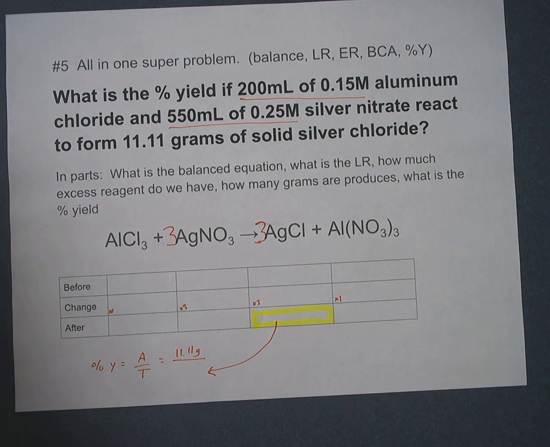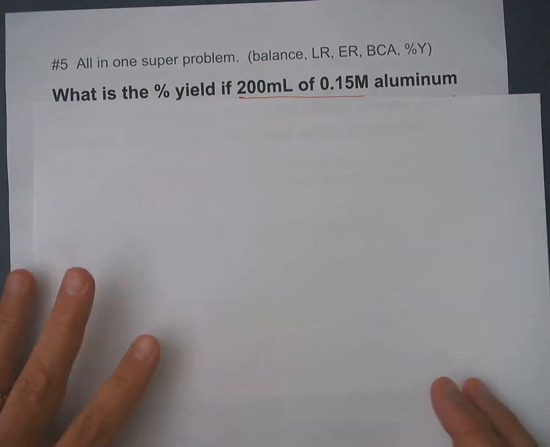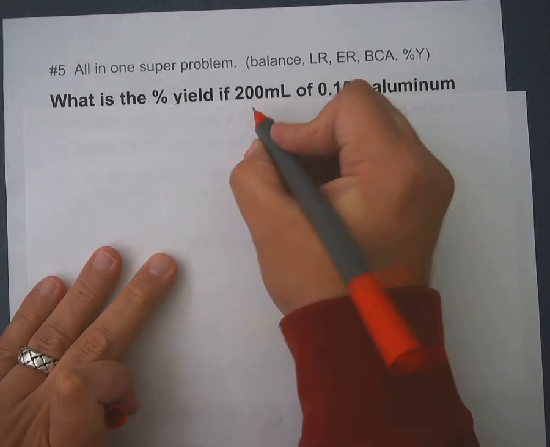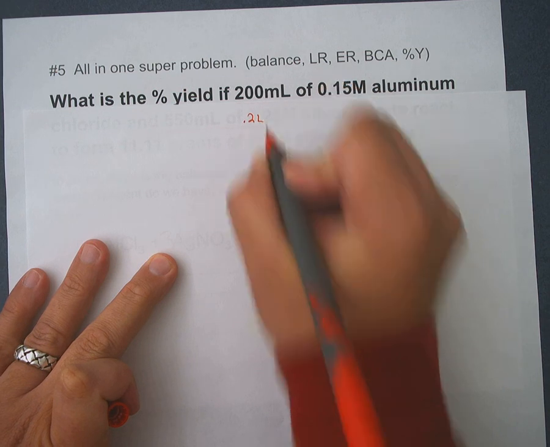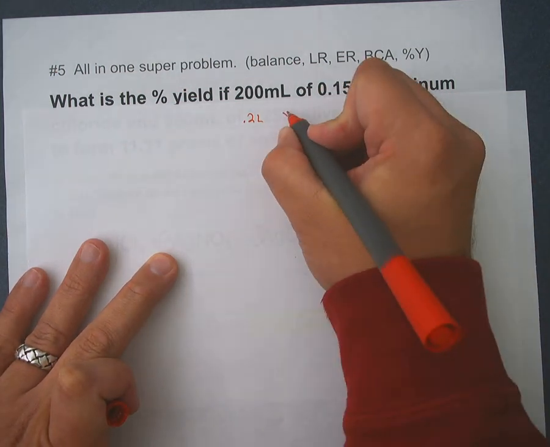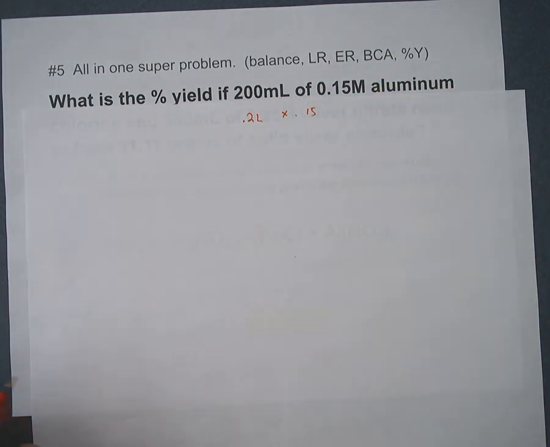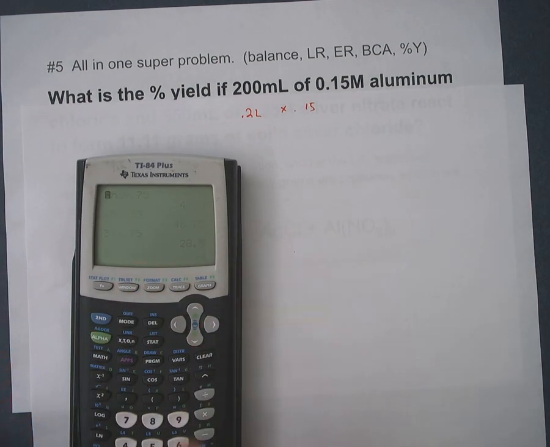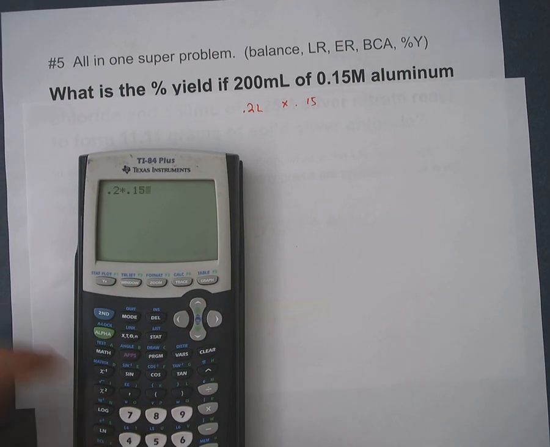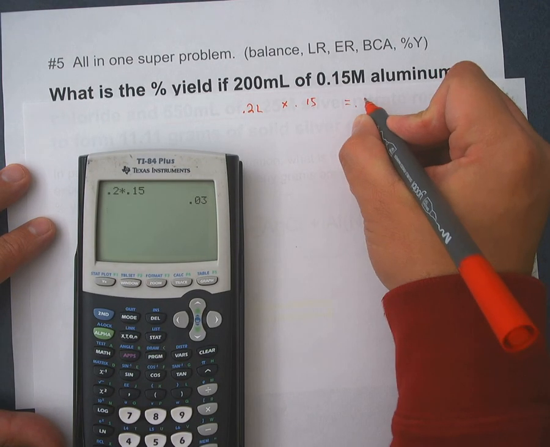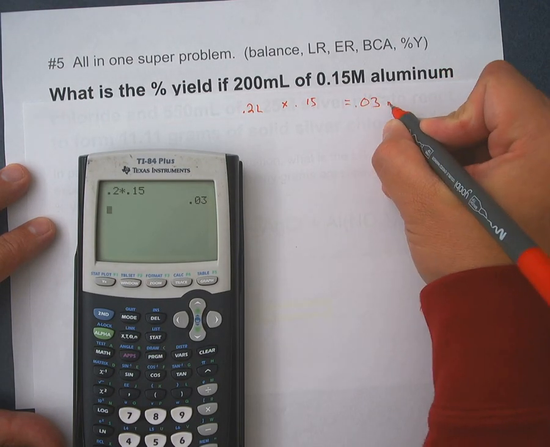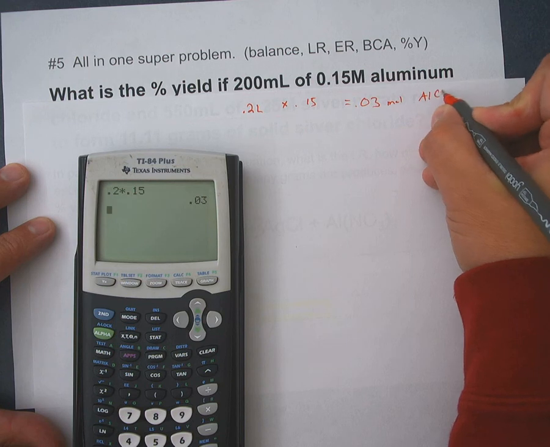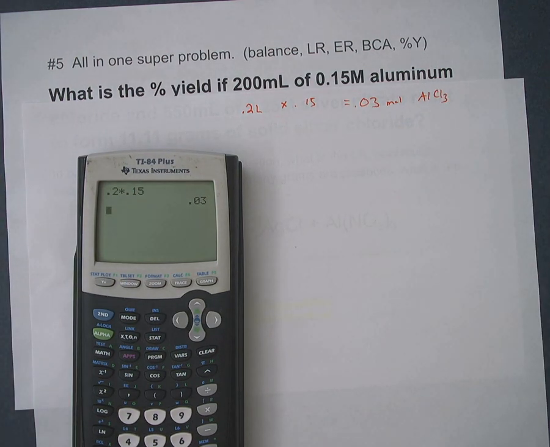Well, let me do that on another sheet of paper here. So I'm going to change this to 0.2 liters and multiply it by the molarity. So 0.2, I can put my calculator here so you can see it. 0.2 times 0.15 equals 0.03 moles of AlCl3. Okay?